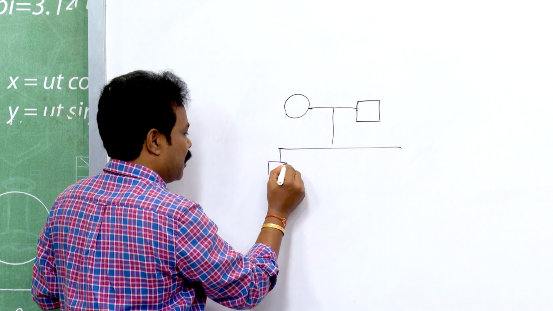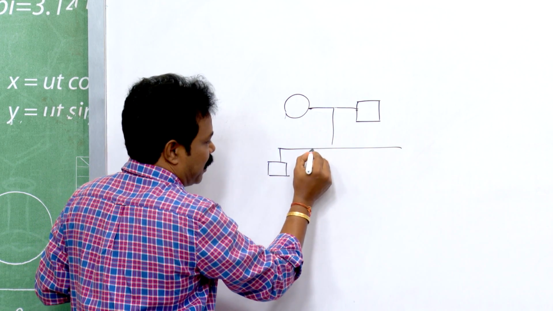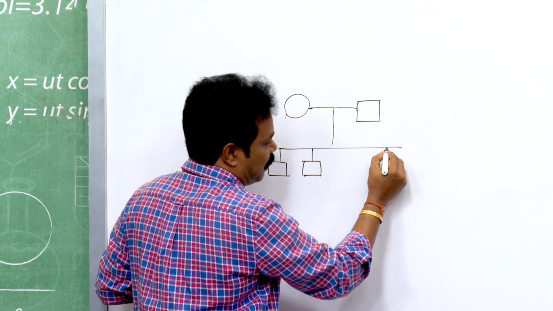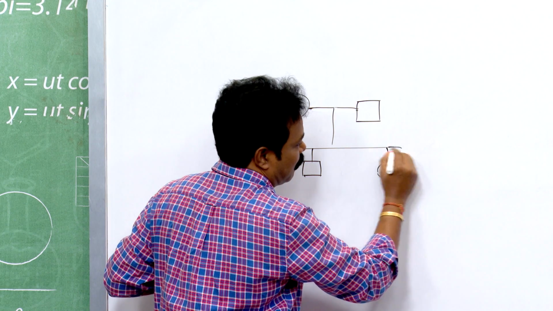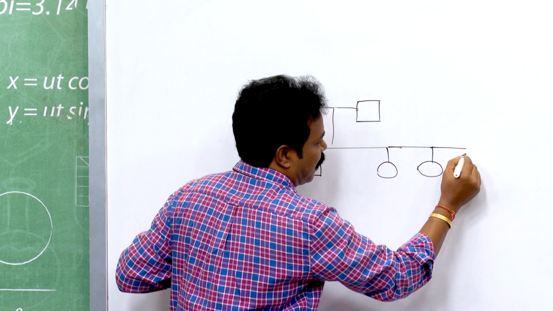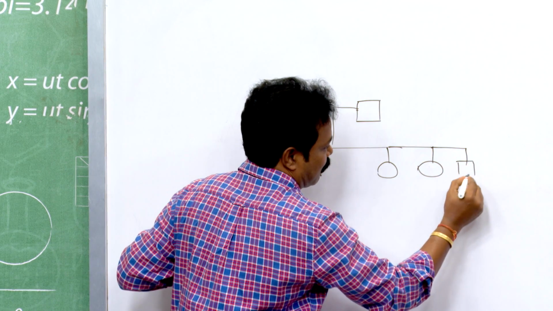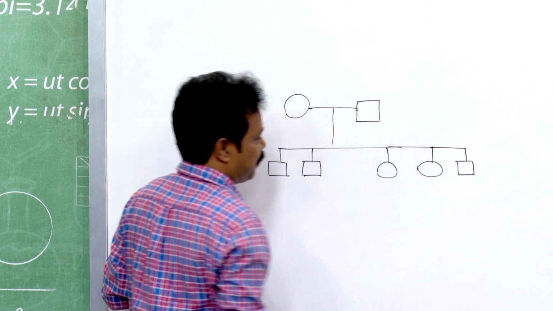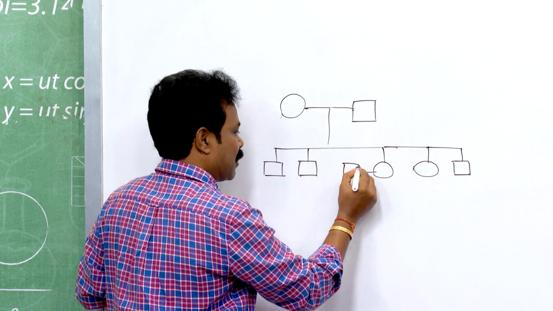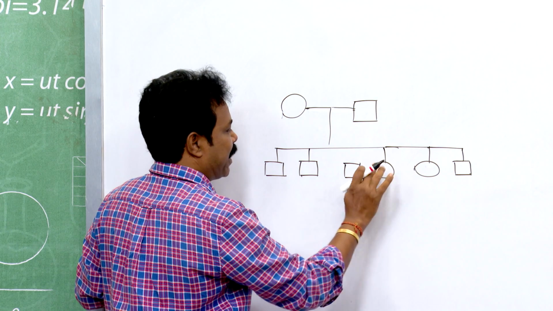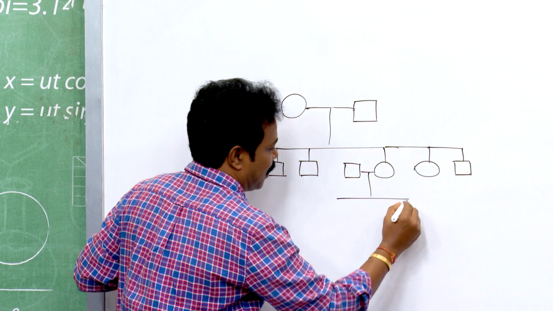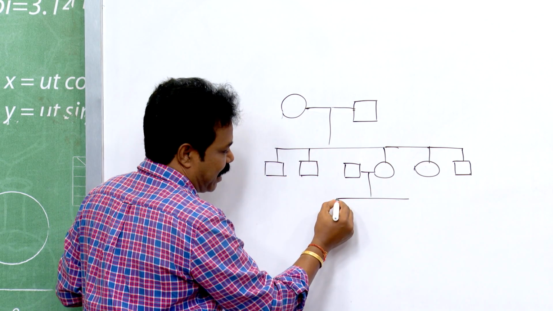Suppose first son, then son, then daughter, then daughter, then son, right? Marriage of the children is like that of parents, and their offsprings are listed in a new sibling line.